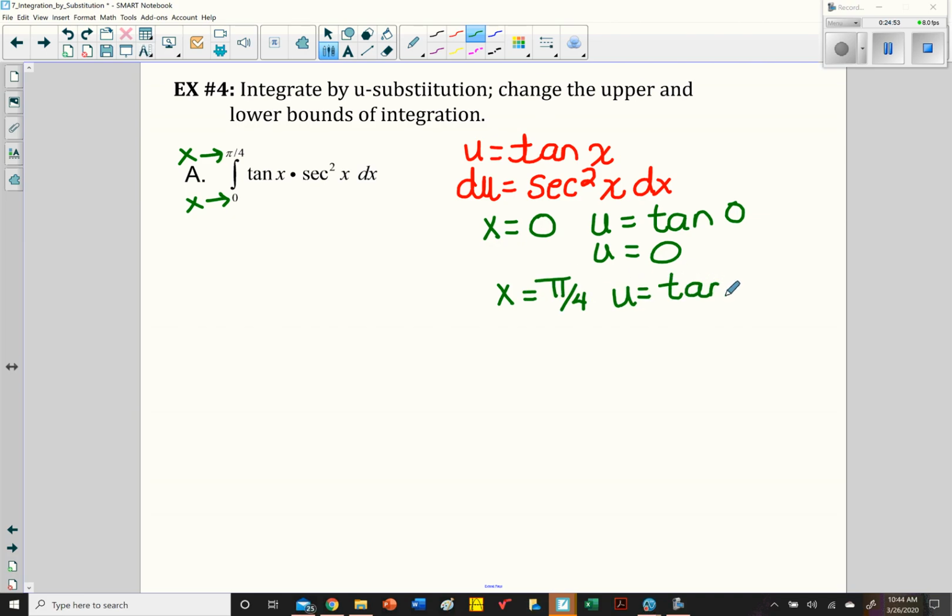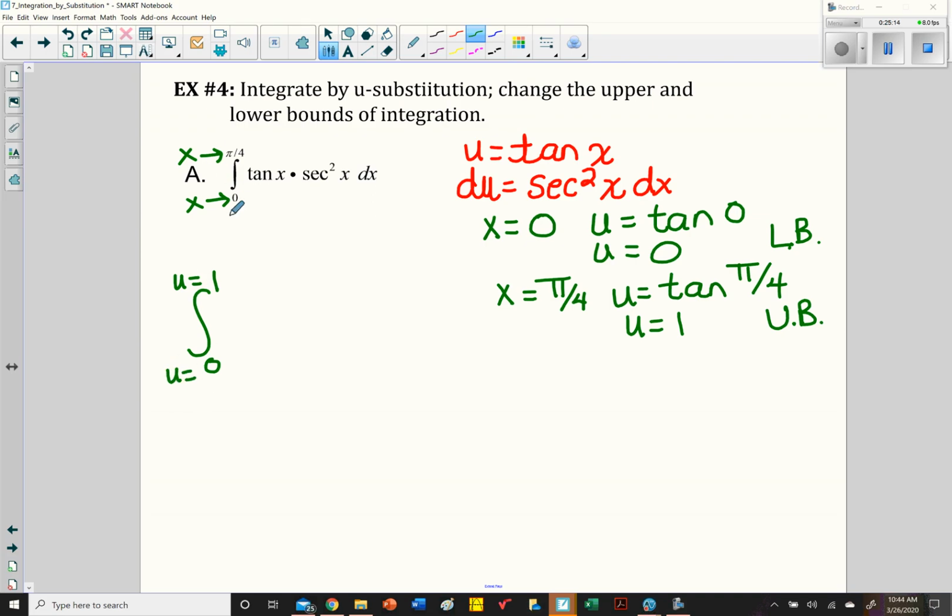U is the tangent of pi over 4. In this case, u is 1. So this is my new lower bound, 0, and this is our new upper bound, 1. We want to take care that we're paying attention to that. This is when u is 1 and when u is 0.